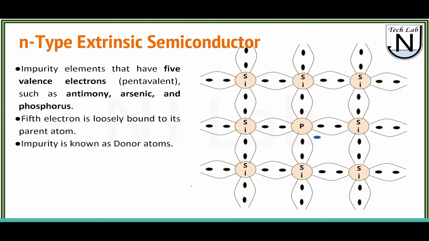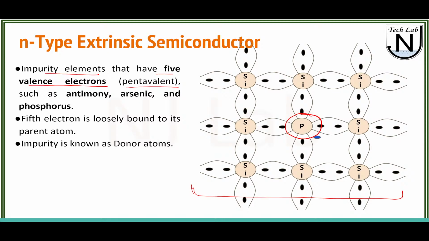Now in the crystal structure of silicon, if we add an impurity such that the impurity element has 5 valence electrons, meaning it is pentavalent, in the outermost shell of this impurity atom it has 5 electrons, right?